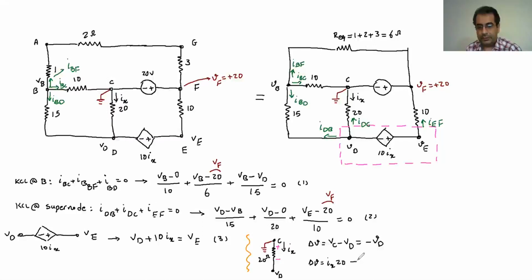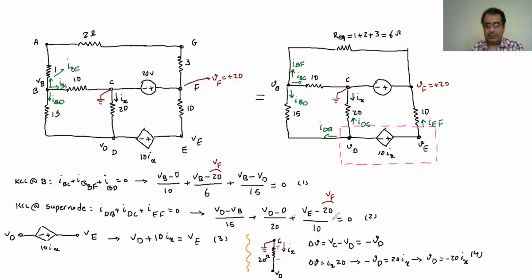So therefore, if I substitute that, the negative VD is going to be 20 IX, or in other words, VD is negative 20 IX. And this is going to be my fourth equation.